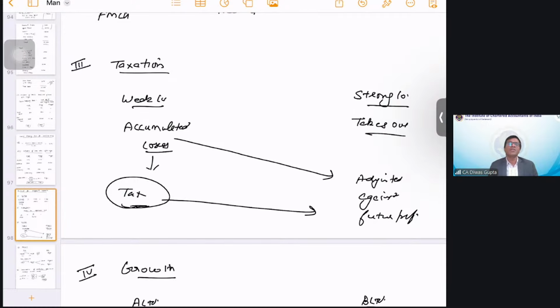It is identified by a strong company which takes over the weak company, and hence they can adjust the accumulated losses with the profits that these companies are generating. Okay, so accordingly, even the valuation of the weak company will be according to this method itself. Okay, wherein they will be actually only doing the calculation that how much benefit that they will get in the tax, and accordingly they will calculate the valuation of the entity.